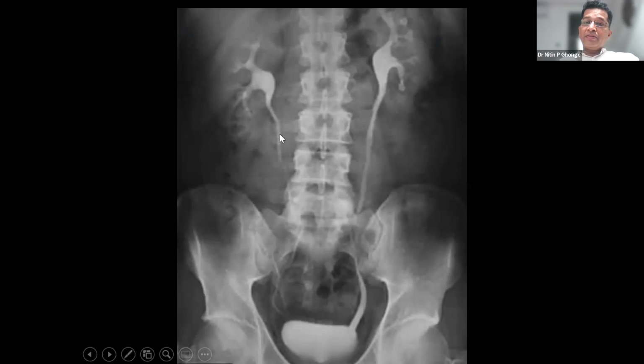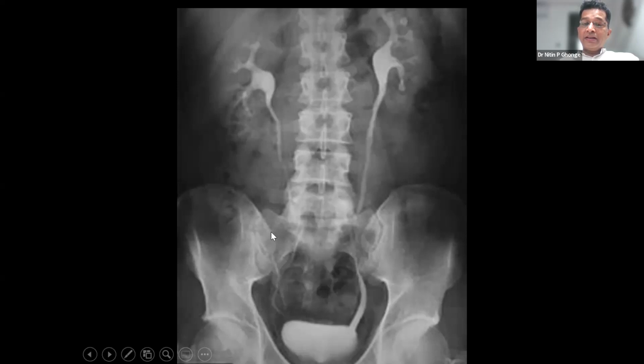This is another example where the distance between the two ureters is quite reduced, and here there is medialization. From the pelviureteric junction, as the ureter descends, it should follow the transverse processes of the vertebrae on both sides. At the L4 level, in this case, you can see it is unduly medial.